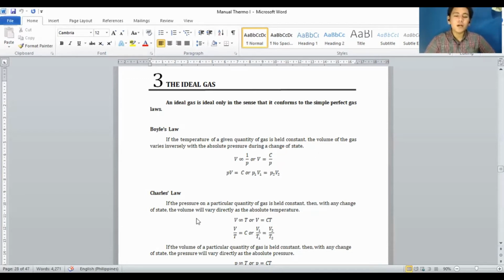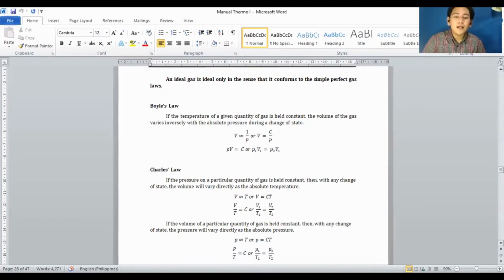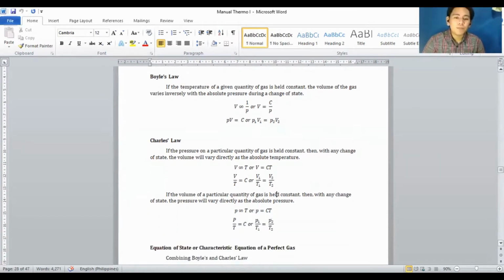Next, Charles' law. If the pressure in a particular quantity of a gas is held constant, then with any change of state, the volume will vary directly as the absolute temperature. Your volume varies directly proportional to your temperature.